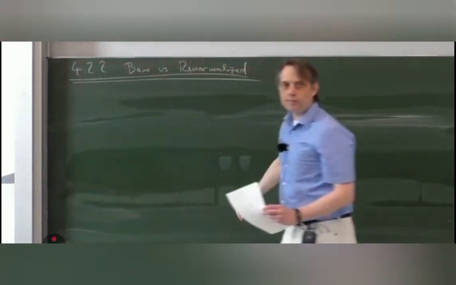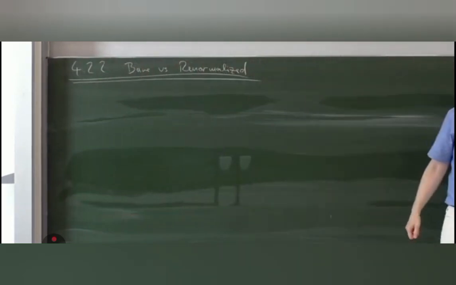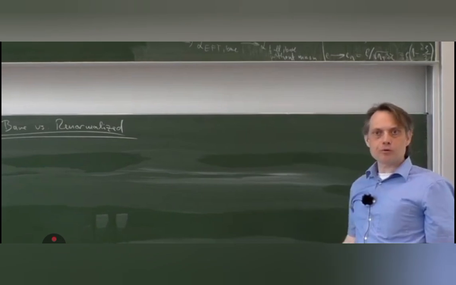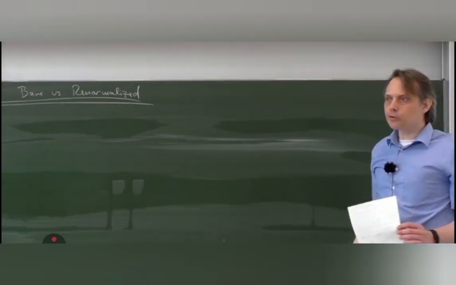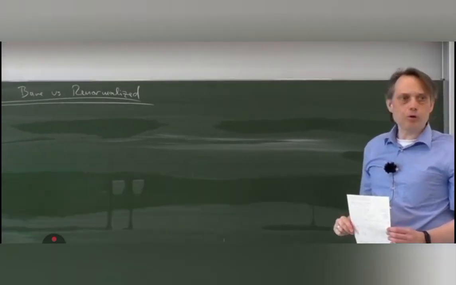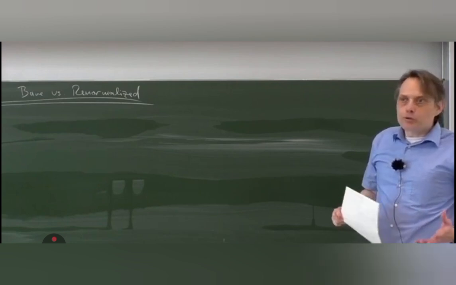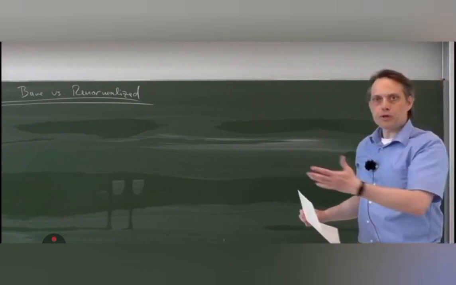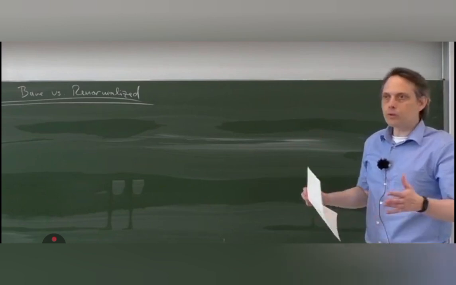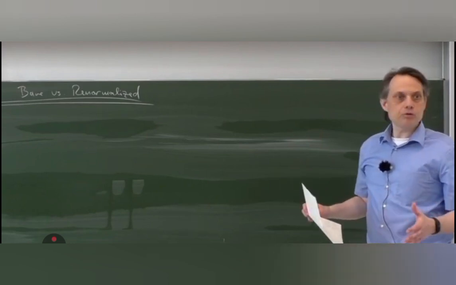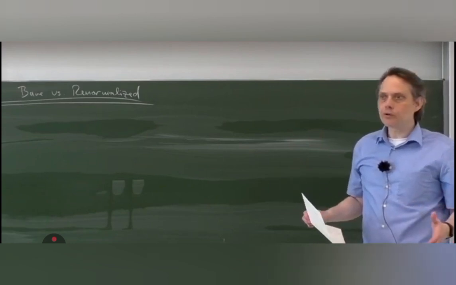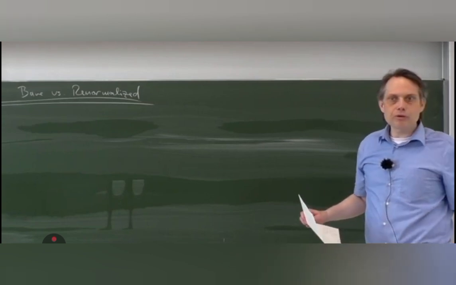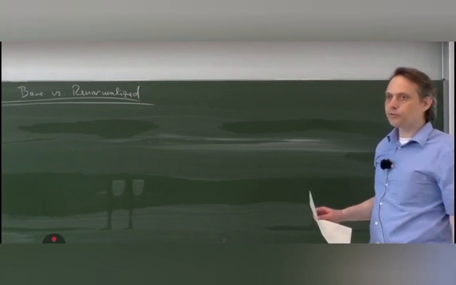Bare versus renormalized. You might wonder why I have now always written explicitly the bare Lagrangian instead of simply the Lagrangian or even the renormalized Lagrangian. But it shouldn't be such a surprise, because the method of regions changes the divergences, and we want agreement between full Green functions including everything. That means, of course, including counter terms, because ultimately the Green functions are only defined after including counter terms.